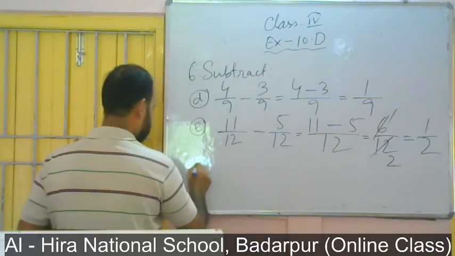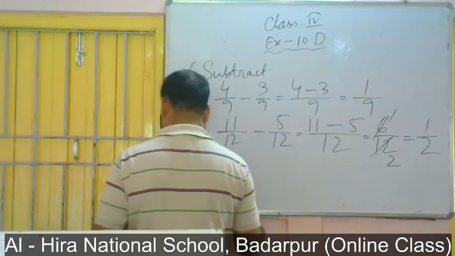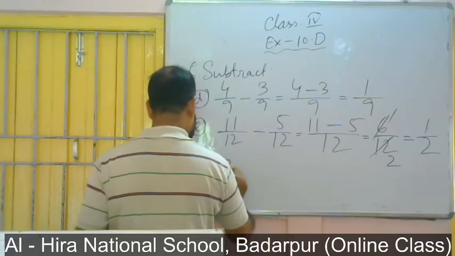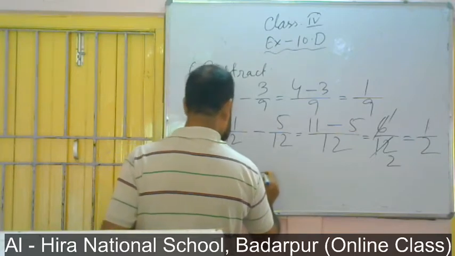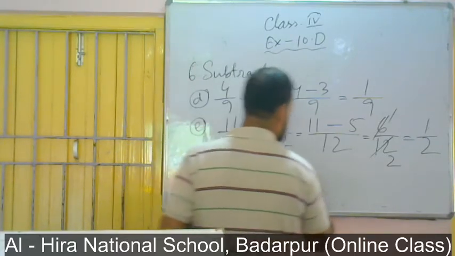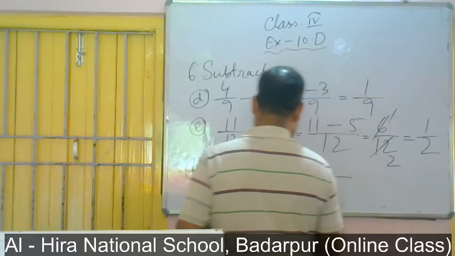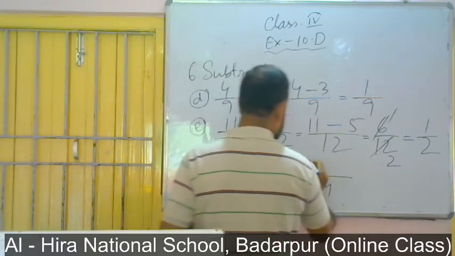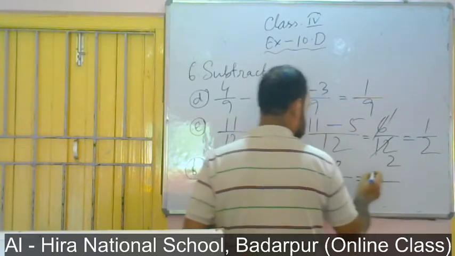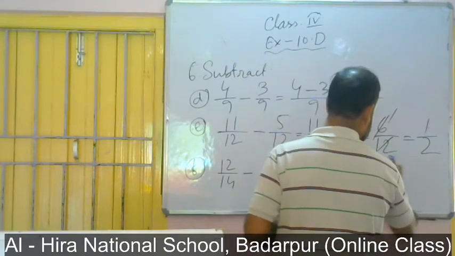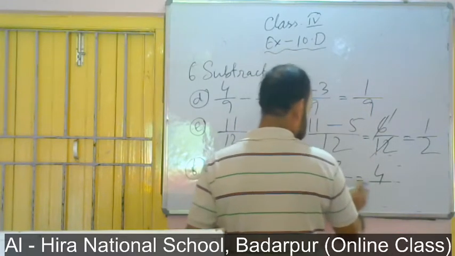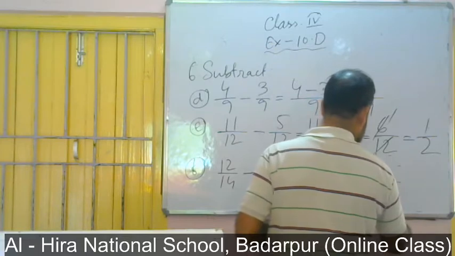Next, question number F. 12 by 14 minus 8 by 14. So here 14 is the common denominator, and 12 minus 8 is equal to 4, so 4 by 14.